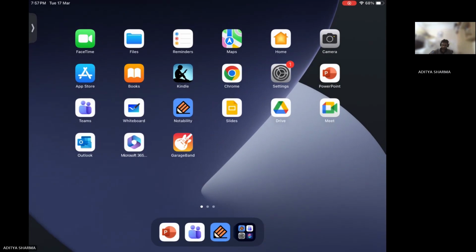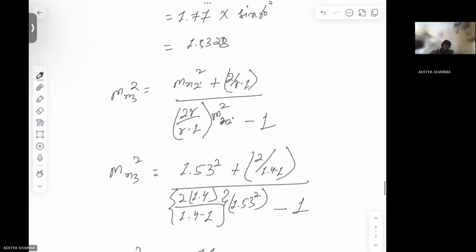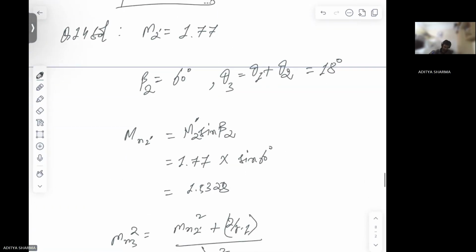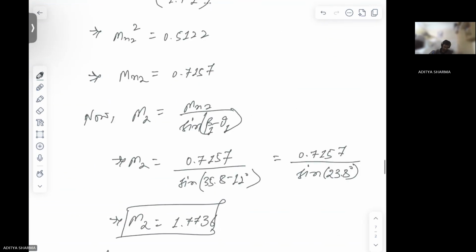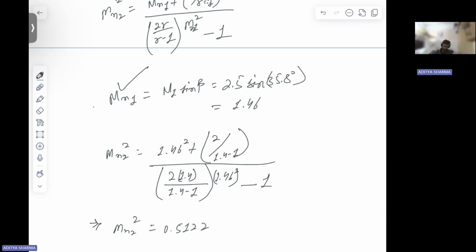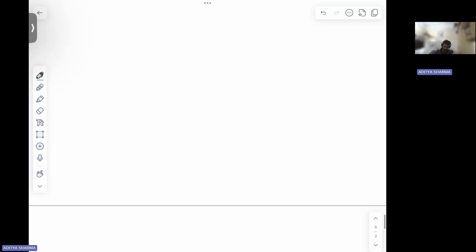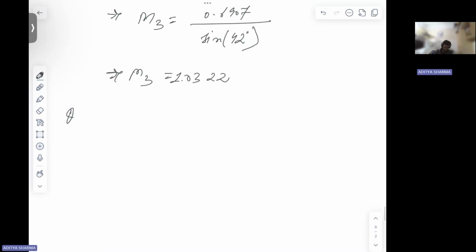So P2 by P1 will be calculated based on this normal component Mn1, which is 1.46. So for 1.46, your P2 by P1 is 2.1, right? So question number 15 solution.